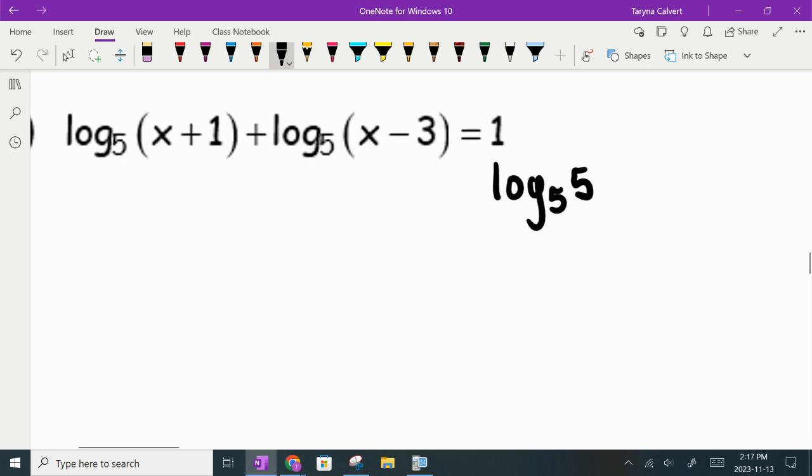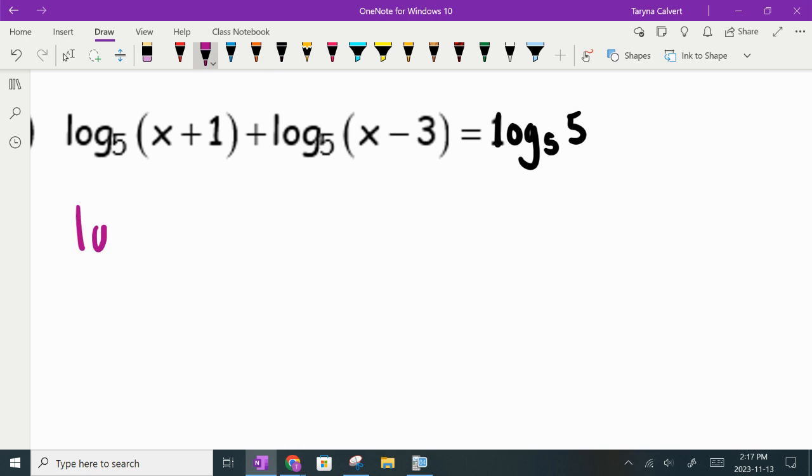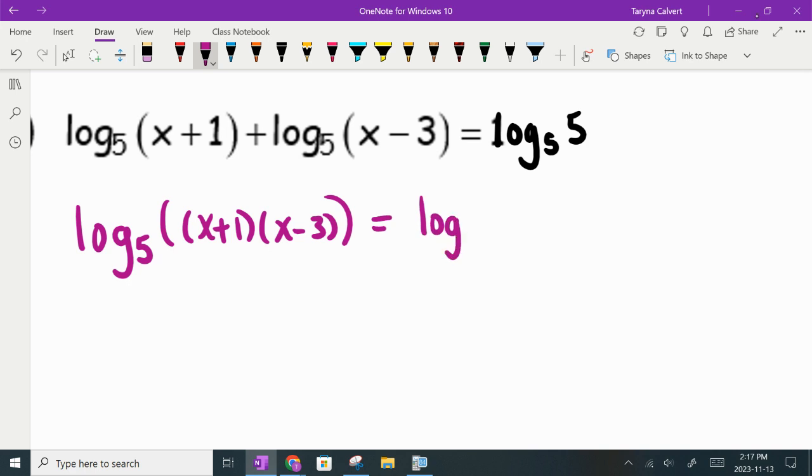So then if we do that, I'm just going to replace that. Then now we're left with log base 5, and then we have an x plus 1 times an x minus 3, and then equals log base 5 of 5. Can we drop our logs? Yep.